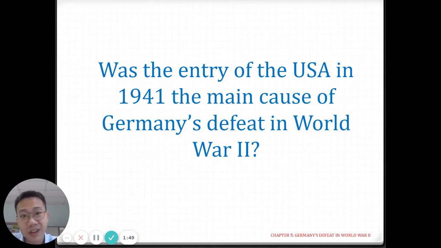It usually would cover how one side is stronger, and then after that you look at the other side, the opponents, how they were weaker, right? So the most logical reasons would always cover the strengths of one side and the weaknesses of the other side. So that's basically something that we will be doing for the reasons for defeats, both for Germany and for Japan as well.